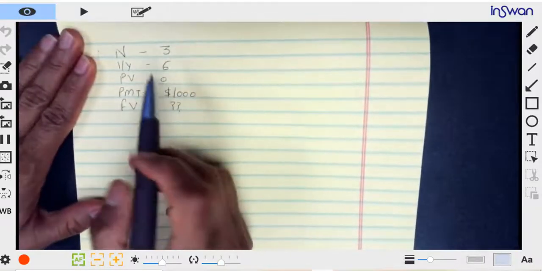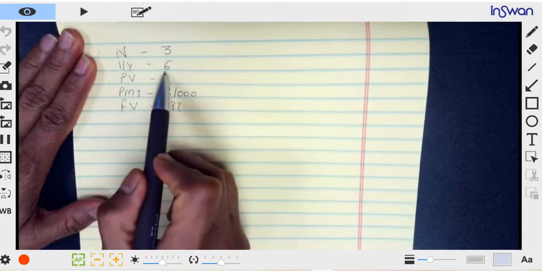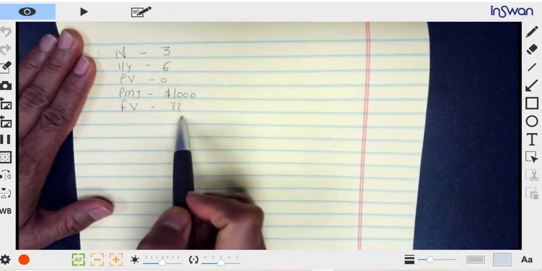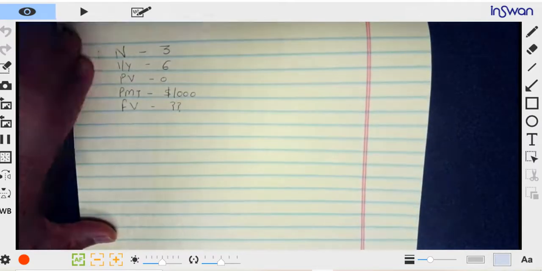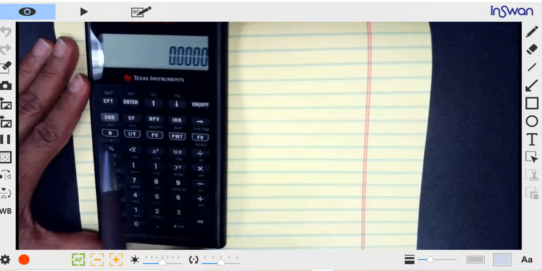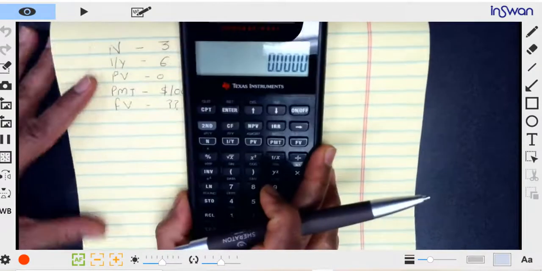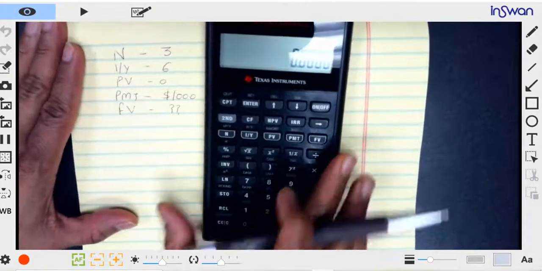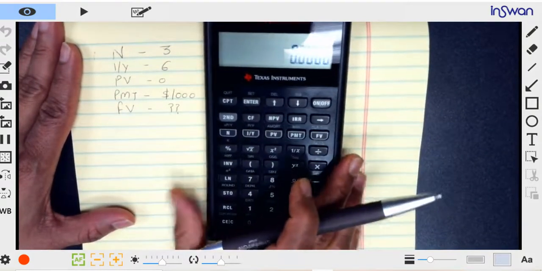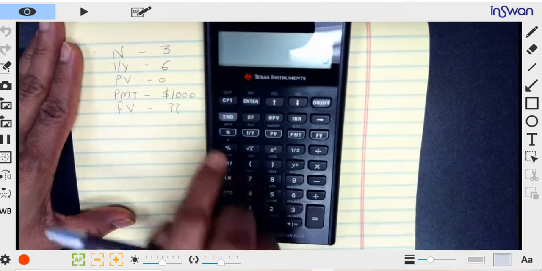So let me show you how we do that on the financial calculator. These are the inputs: N is 3, interest rate is 6%, present value is 0, payment is $1,000, and we have to calculate the future value. These are those 5 functions, and we will plug all these values in. The first one is N, 3.